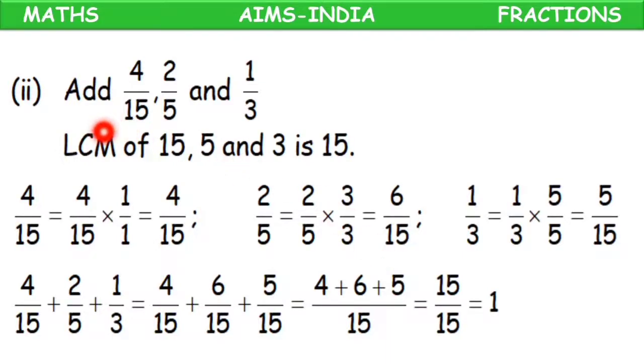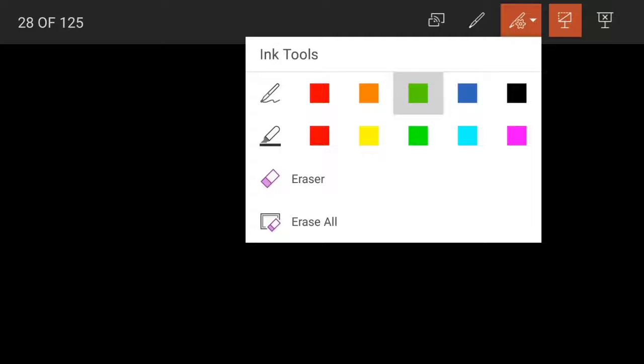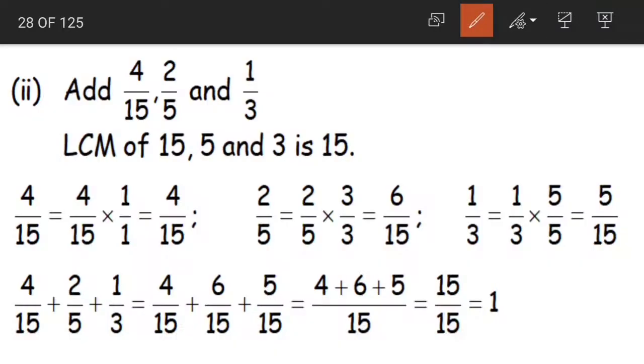Now we have another example here. Add 4 by 15, 2 by 5 and 1 by 3. 4 by 15 plus 2 by 5 plus 1 by 3. Again here we have three different denominators. So we need to find the LCM.